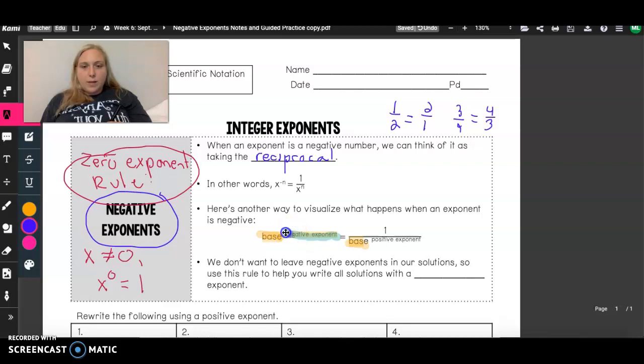Base is being raised up to that negative exponent. Let's see if I can grab our highlighter. There's that color. Okay, so here's our base, and it's being raised up to a negative exponent. That's always going to be equal to 1 over the same base, but this time with the positive version of that exponent.